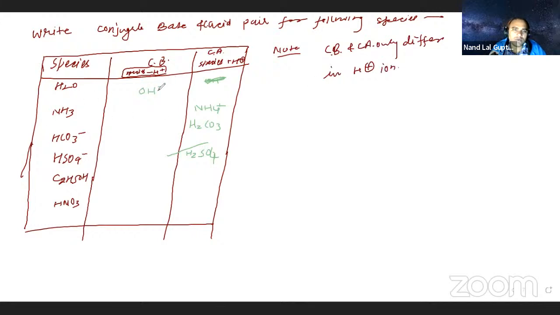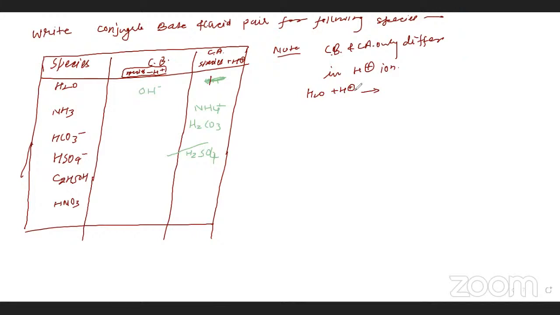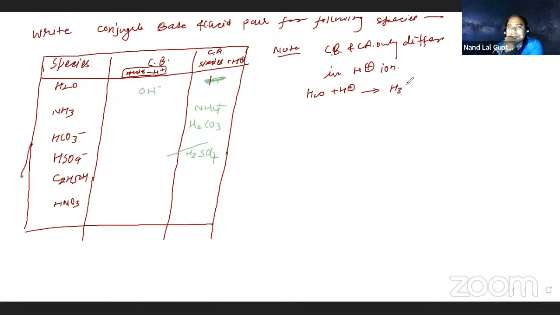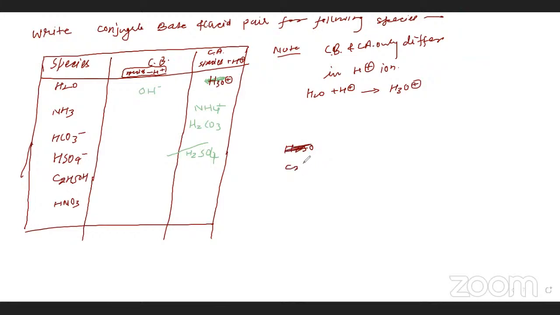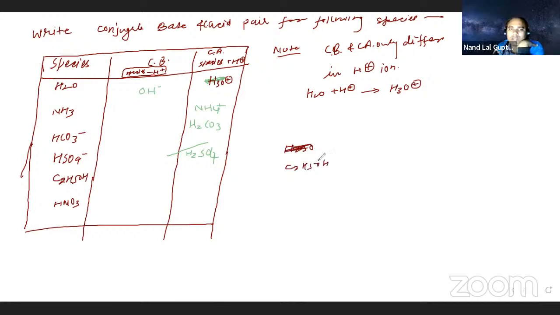So here H2O, that is correct. If you add H plus to H2O, what species are you going to get? H3O plus. So the conjugate acid will be H3O plus. Next, C2H5OH: a lone pair of electrons is there.